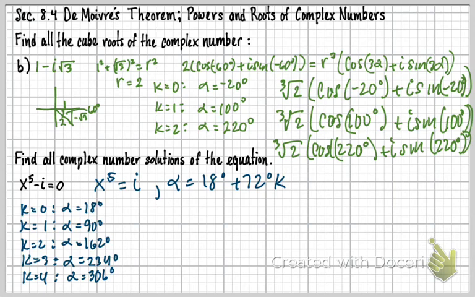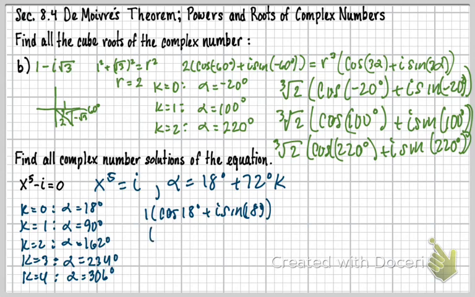So all we're going to do now is plug them in. Now for this one, since it's i, it is a radius of 1, so we don't have to worry about the 5th root of the r there, because that's just going to result in 1. So it's really just going to be 1, and then I'm going to write cosine of 18 degrees plus i sine 18 degrees. There's the first one.